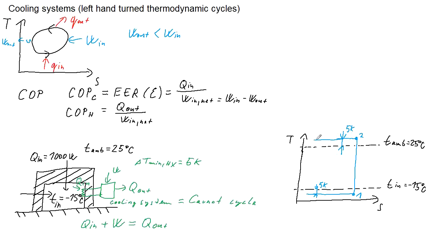Then there will take place the isothermal heat rejection to point 3, from which expansion will take place to point 4, and then we have isothermal heat input.